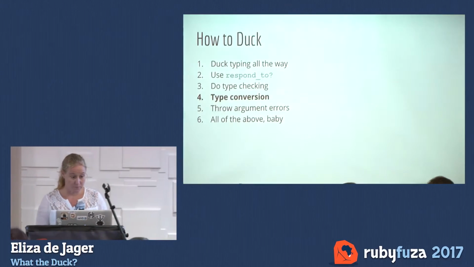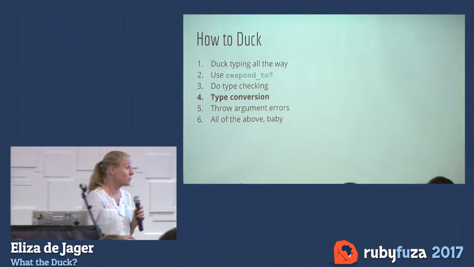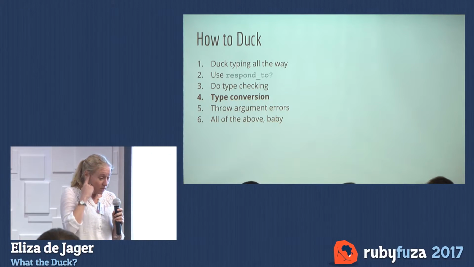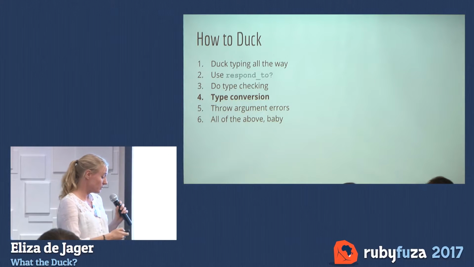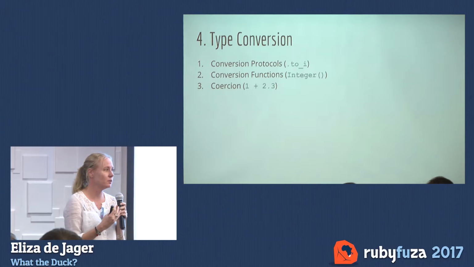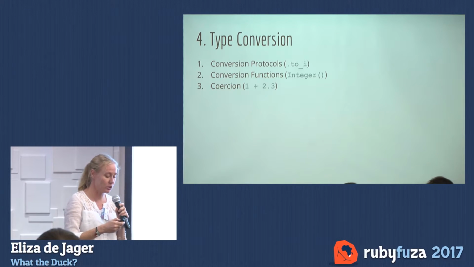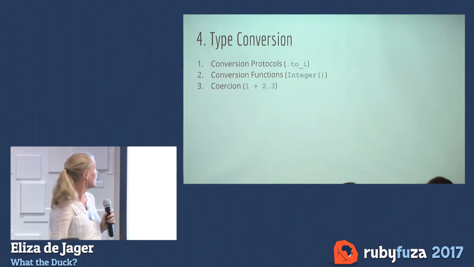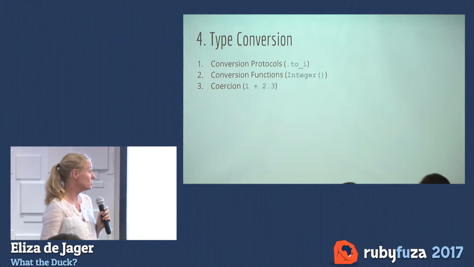Okay, so now that we're on type checking, we may as well talk about type conversion in Ruby. Now the idea with type conversion is basically, if you receive a parameter into your method, and you want to be sure it's of a certain type and try and prevent type errors, you can always try and convert it, right? And so there are three main ways in which you can do this in Ruby.